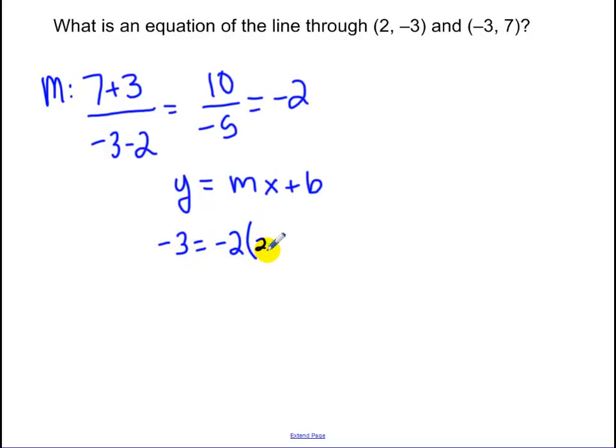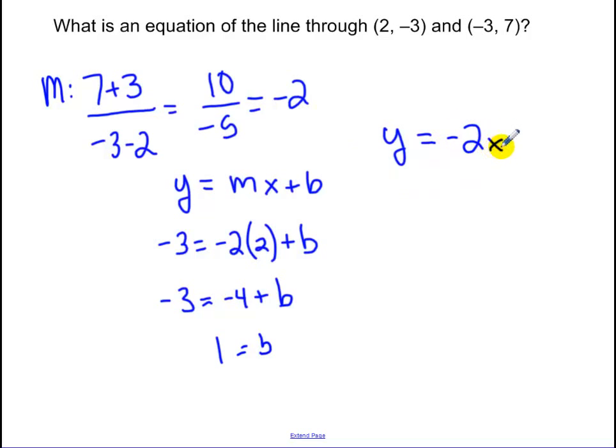The x coordinate is 2, plus b. So b in this case is equal to 1. So the equation of our line is y equals, our slope we found was -2x plus 1.